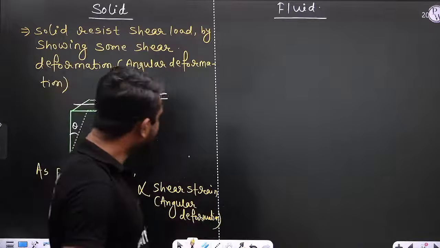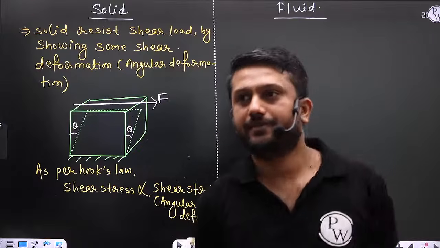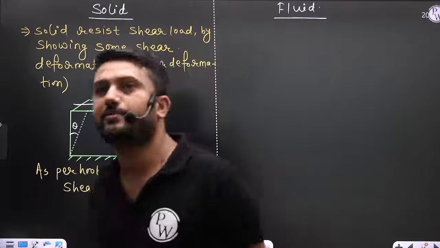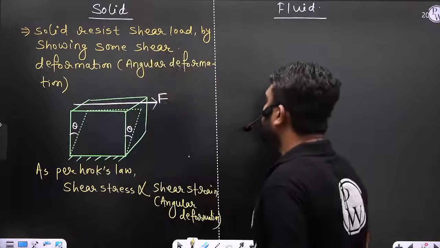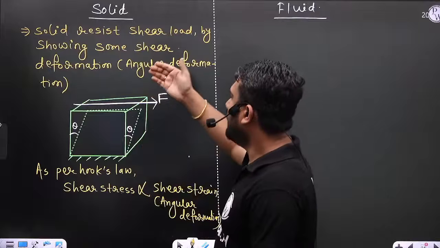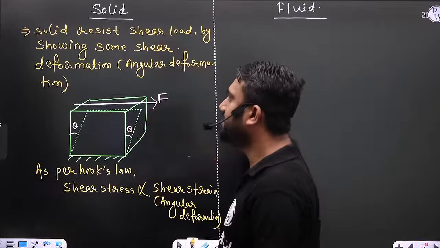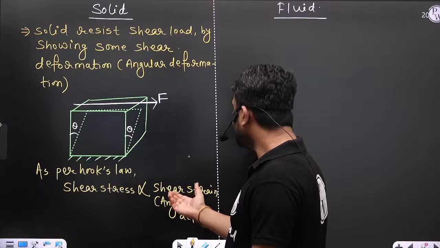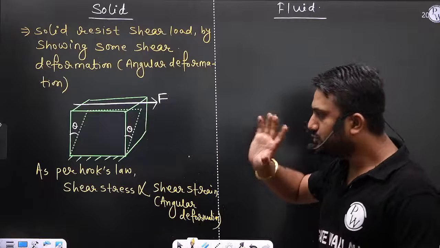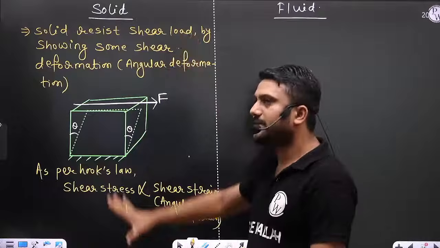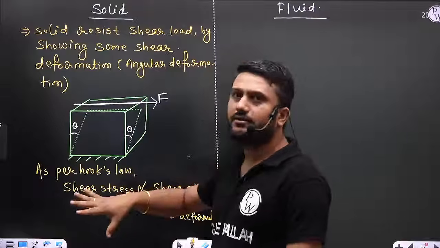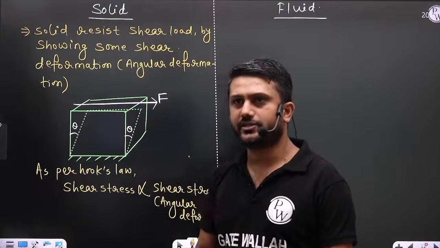Hooke's law says stress is directly proportional to strain. Here we are talking about the shear load or shear stress, so shear stress is directly proportional to the shear strain. From this explanation it is very clear: a solid resists the shear load by showing some shear deformation.